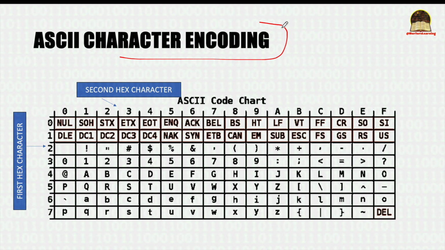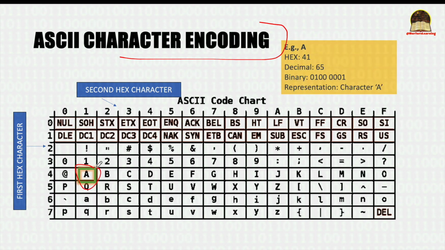The same character A in ASCII has hexadecimal 4 as the first character and 1 as the second, so 41, which is 65 in decimal, or 01000001 in binary. If this data comes in binary and it is ASCII character encoding, then it is the character A.